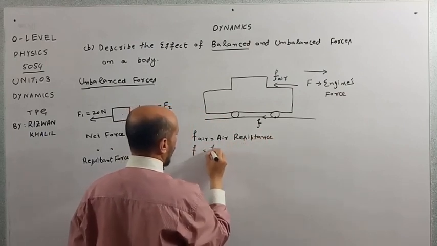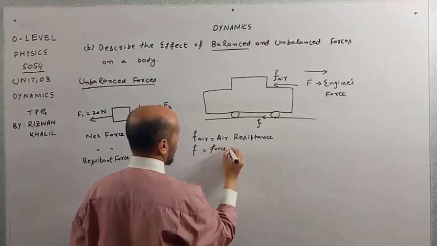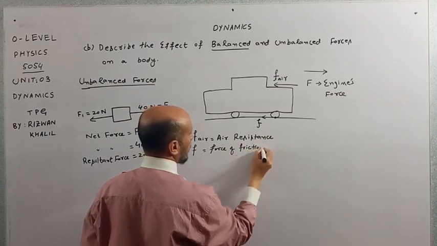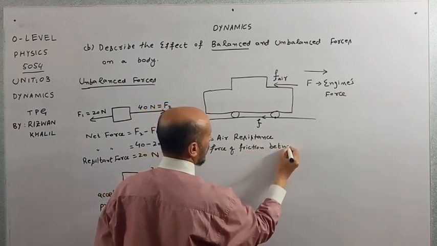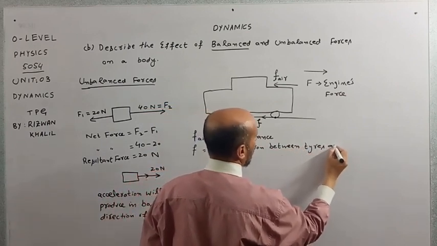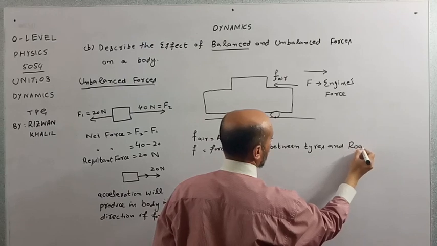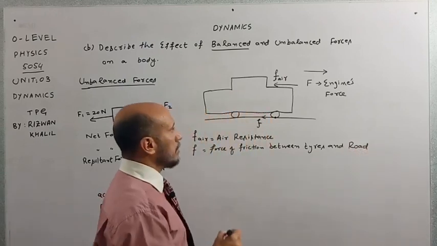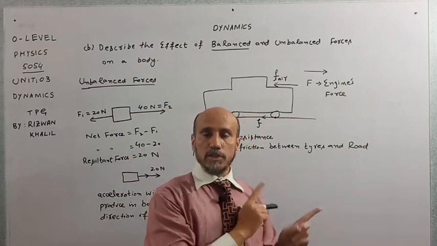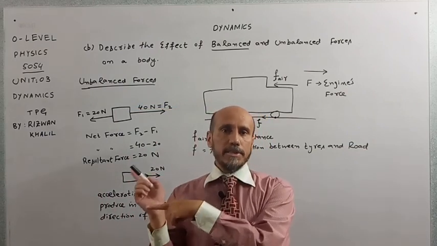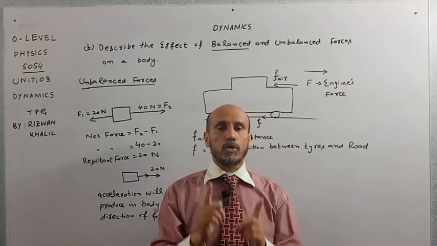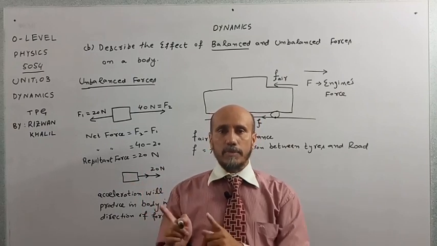F means force of friction between the tires and the road. So now how many total forces are acting on the body? Three forces: the engine's force, air resistance in the opposite direction, as well as the frictional force between the tire and the road in the opposite direction as well.